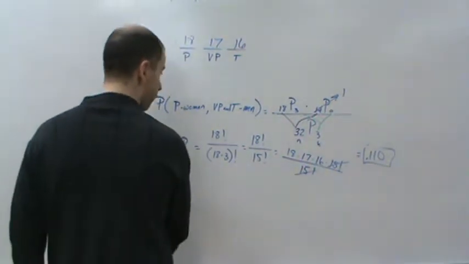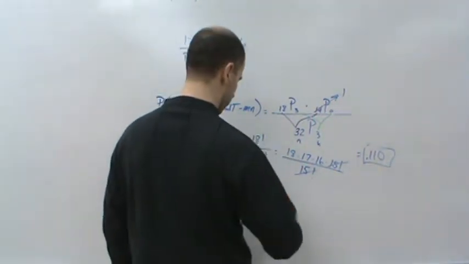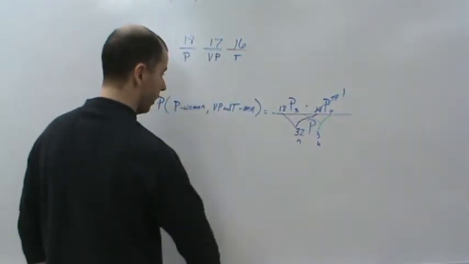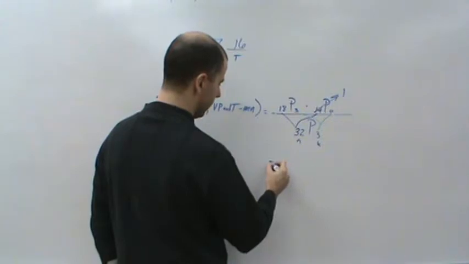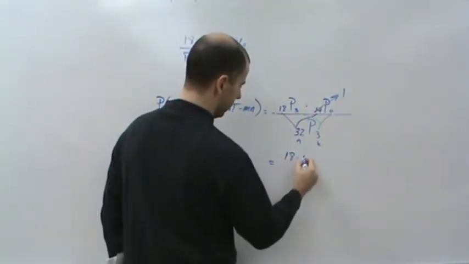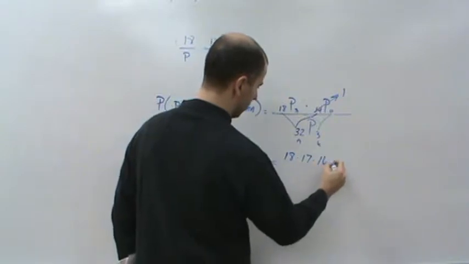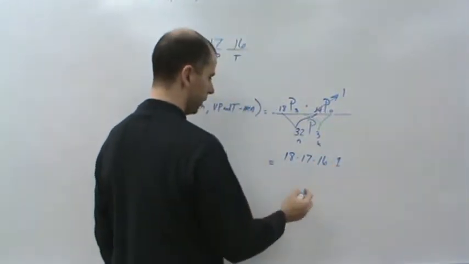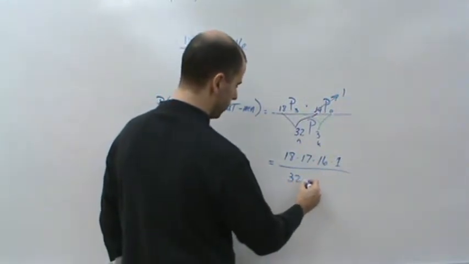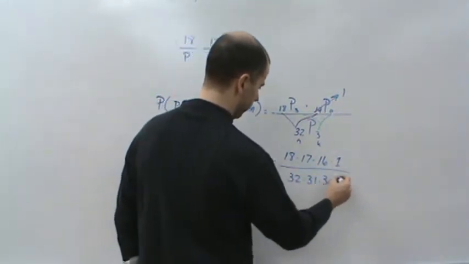So now, what do we get on top? All we're going to get is 18 times 17 times 16 times 1, if you want to include it, divided by the same thing we had before, 32 times 31 times 30.